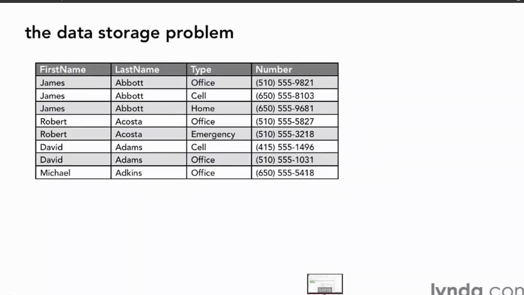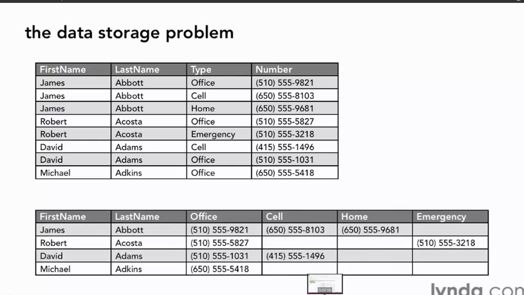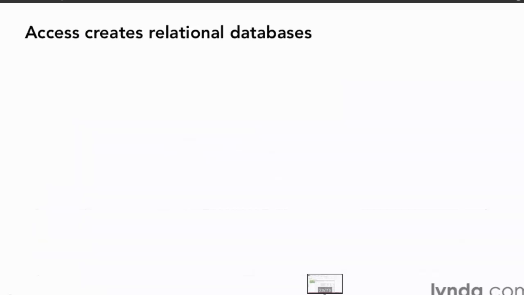In this table, you'll notice that the first and last names are repeated over and over again every time that there is an additional contact phone number. We can structure this data differently, but that introduces a new problem. Now we have lots of blank cells where individuals don't have a contact number of each type. Further, this table won't grow very well. What if we wanted to add a fax number for one individual, or a second office number? We would have to alter the structure of the table to add an additional column to accommodate those types of changes. A relational database solves both problems. Unlike a flat file database, such as an Excel spreadsheet, Access organizes data into multiple tables that connect to each other through common fields called keys.